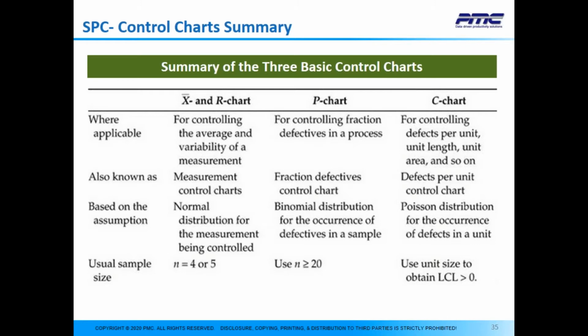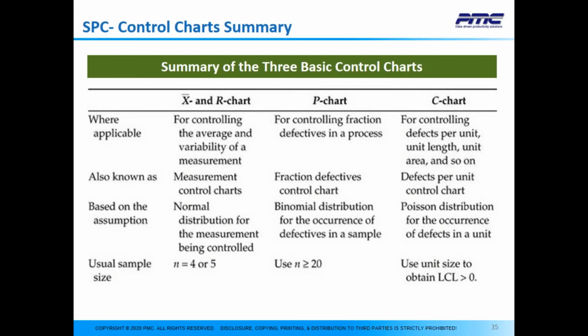The X bar and R chart is applicable for controlling the average and variability of a measurement, also known as the measurement control chart, based on the assumption of normal distribution. Even though we assume data is normal, we usually test for normality to make sure. The usual sample size n is greater than 2 through 10.